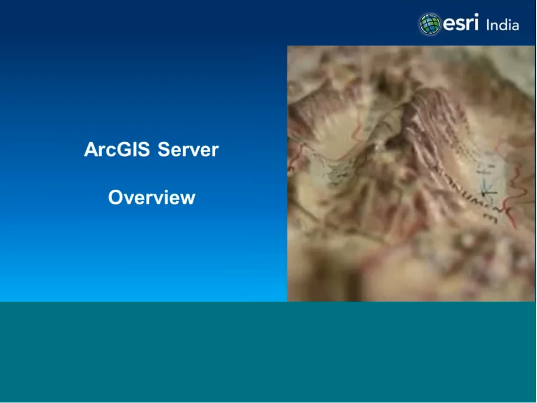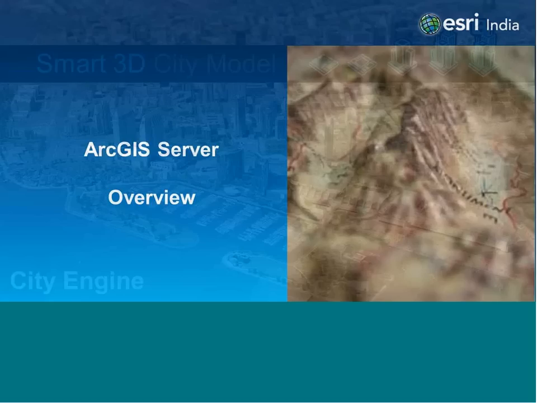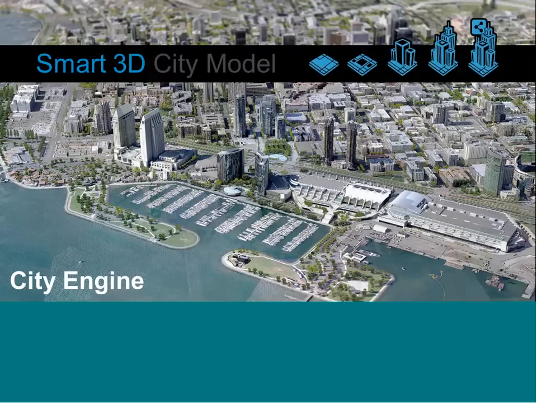So right now we had just seen a glimpse of the new features which had been added at the server level. I will now be moving you ahead to another extension which has been added, the City Engine. The City Engine is a new extension which has been specially designed to make sure that you can start working with your 3D data sets.